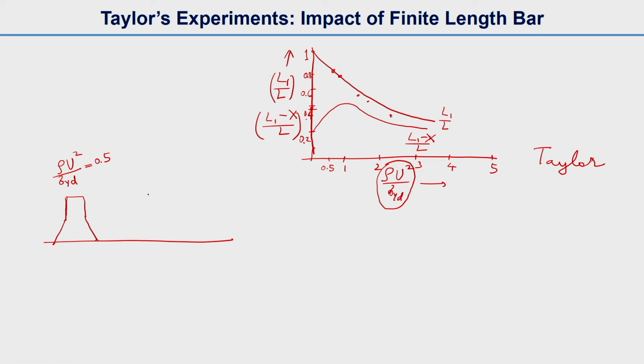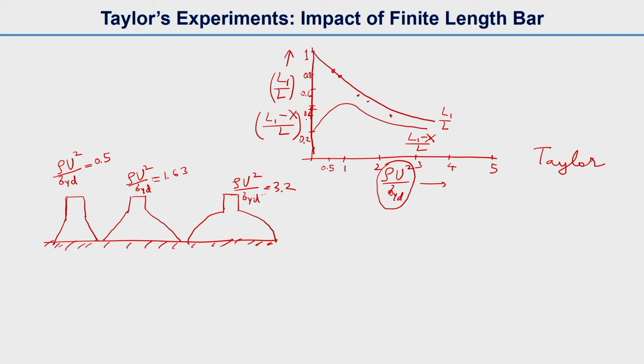But when it has a higher value, let us say this is the wall, if it is equal to 1.63, it will look like this, and if it is an even higher value, it will take maybe this kind of convex shape, and this is rho U square by sigma yd equal to 3.2.